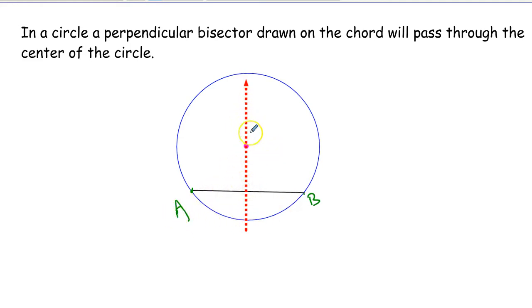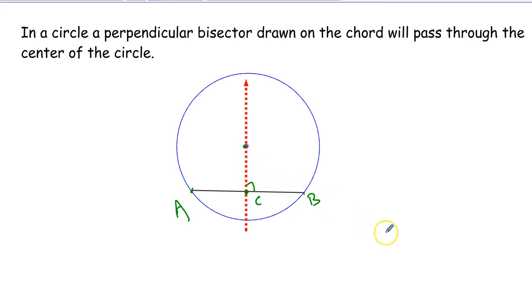And this red dotted line is a perpendicular bisector, that is this point, I'll call it C. C is the midpoint of AB. This line is a perpendicular bisector, and that perpendicular bisector passes through the center. We'll prove it in a different video, but right now, remember that a perpendicular bisector drawn on a chord in a given circle will always pass through its center.